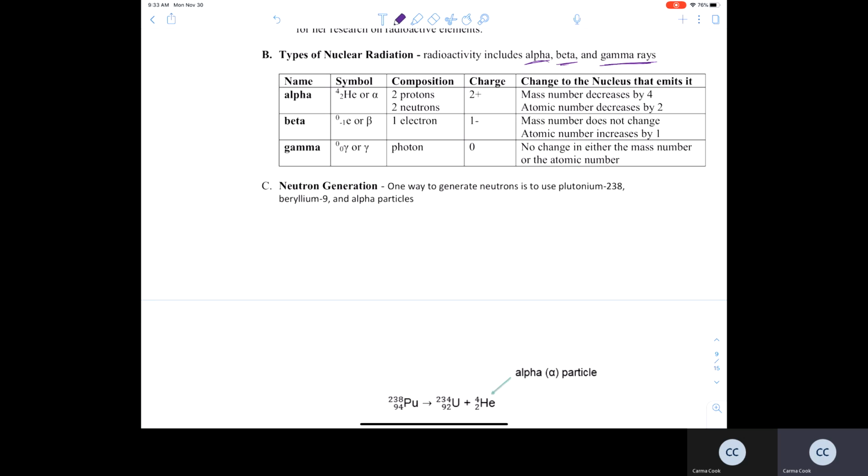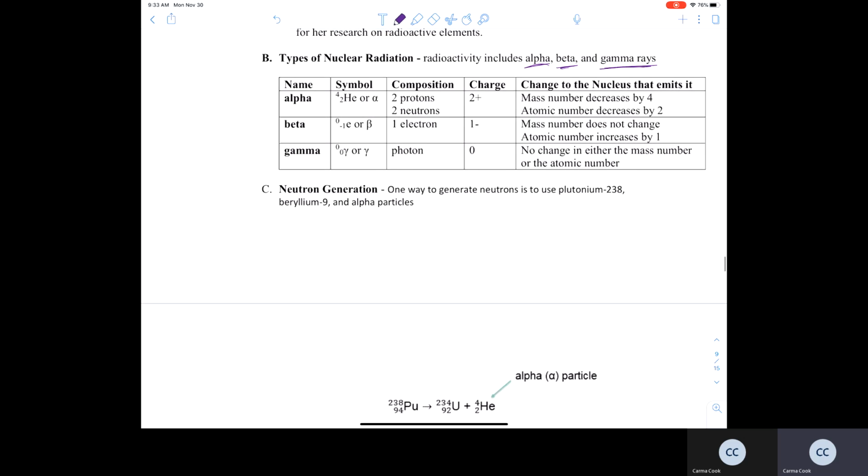Alpha radiation, beta radiation, and gamma rays are shown here in this table: the symbol for each, their composition, what they're made of, their overall charge, and if an element undergoes alpha emission or beta emission or gamma ray emission, what changes take place to the nucleus of that element.